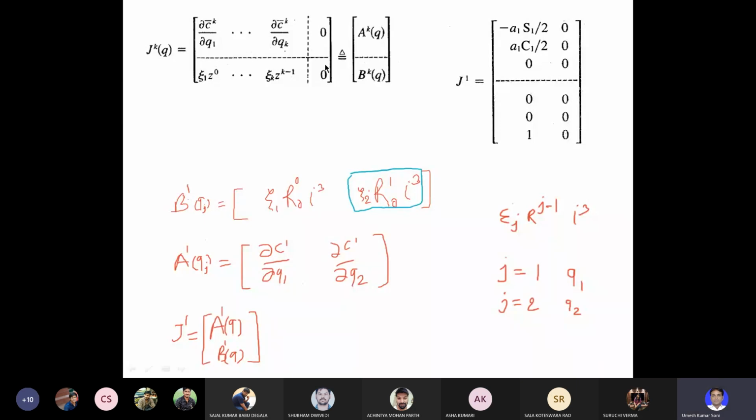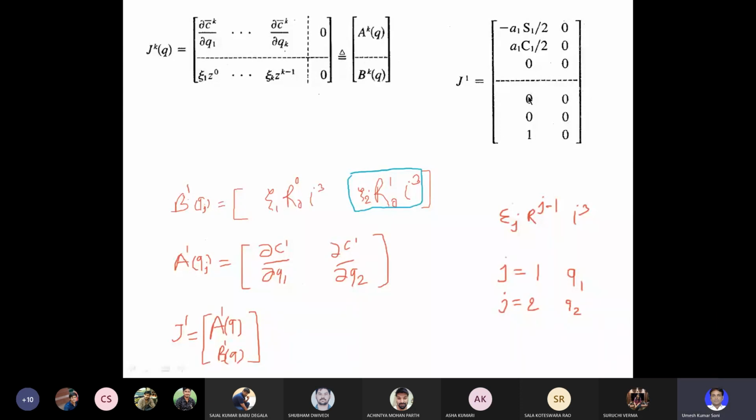See here, suppose we have 3 joints and we are getting the Jacobian for link 1 or joint 1. So what will be the value? Except the joint 1, we will keep all the vectors here 0. When we are calculating for joint 2, then except joint 2 or below, the higher values will be kept to 0.